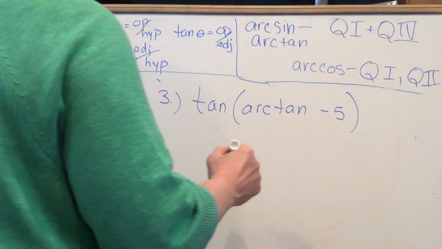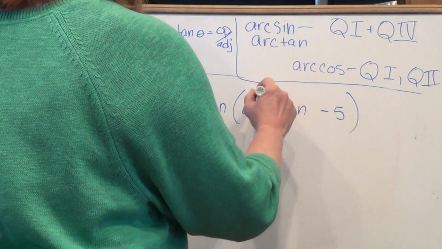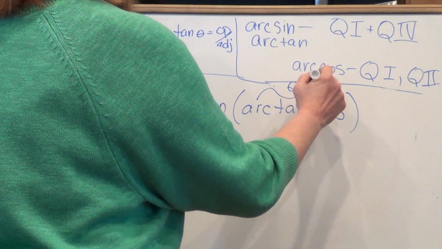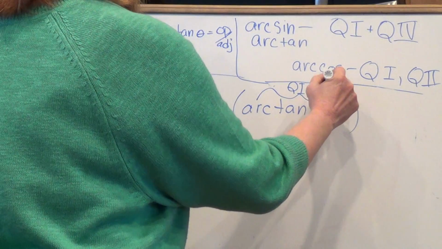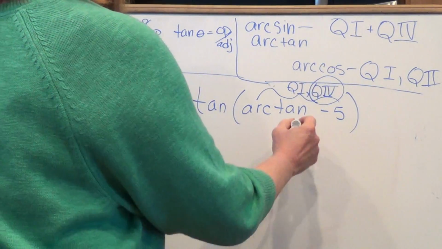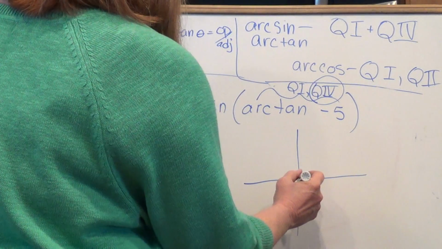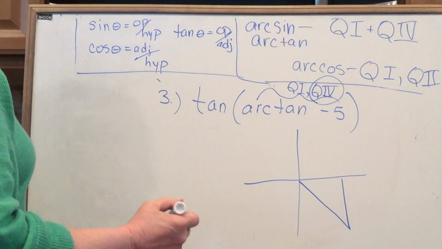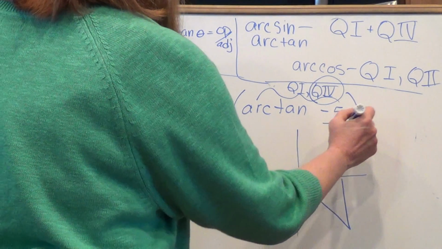So I'm going to start here and realize I have to look in the first or the fourth quadrant for tangent, arctangent. But since it's negative, it's going to be the fourth. So I draw a similar drawing as I just had up in the fourth quadrant. And I'm going to make a fraction out of that.